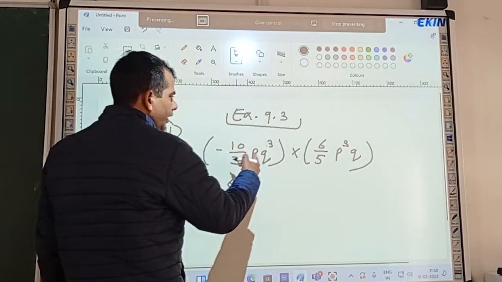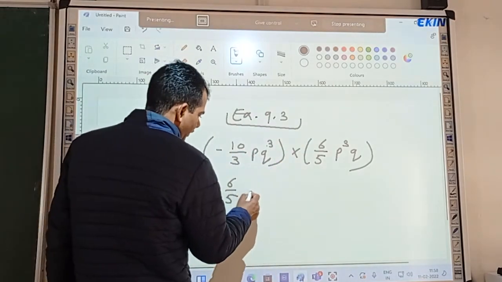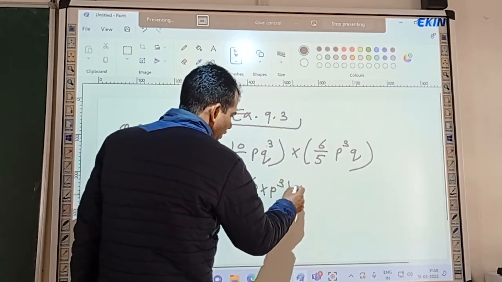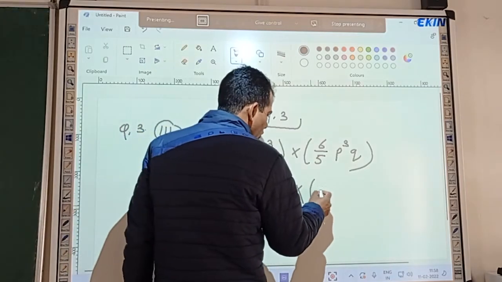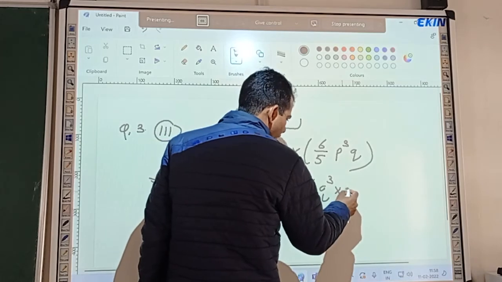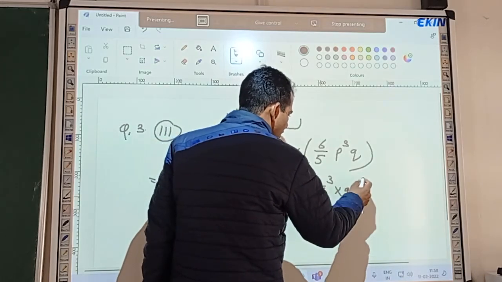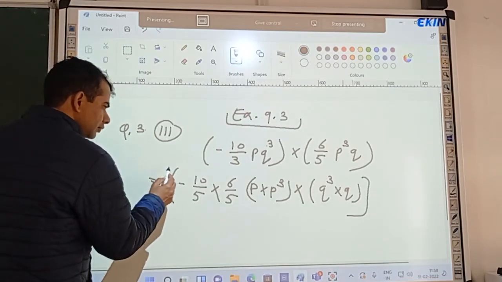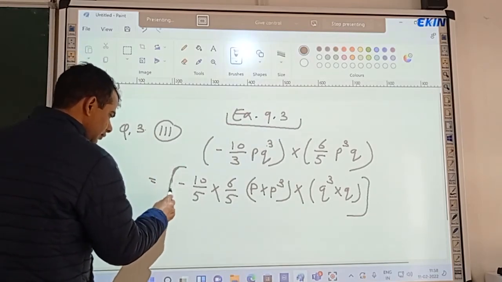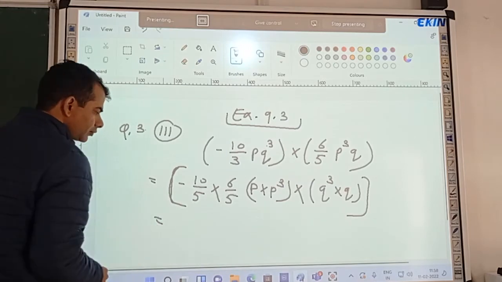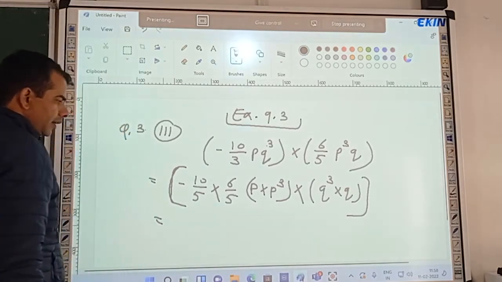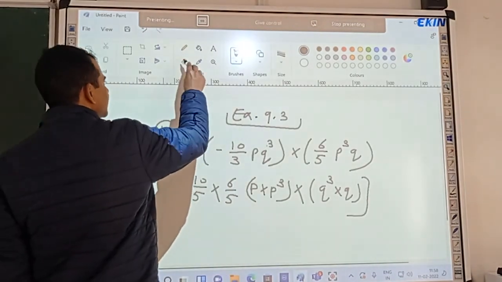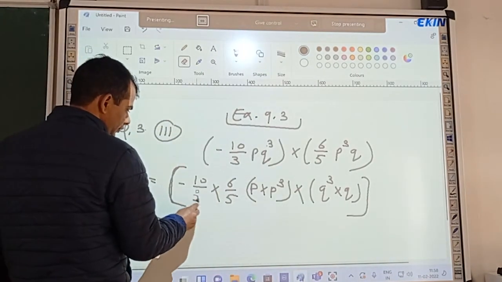Then p into p cube, and q into q, like terms. So that is minus 10 by 3.